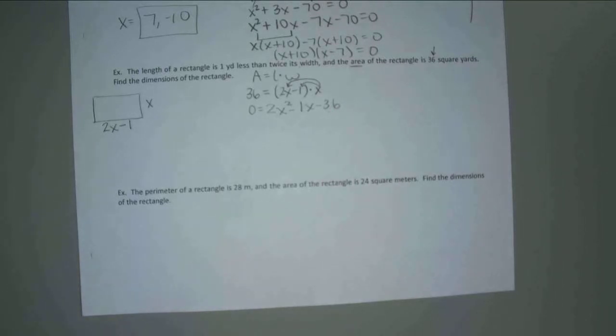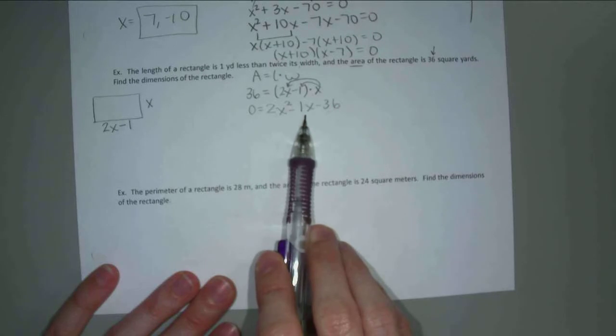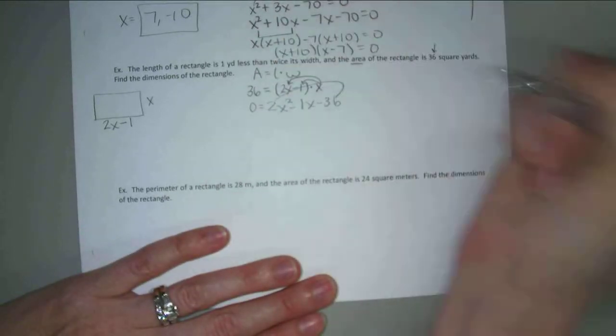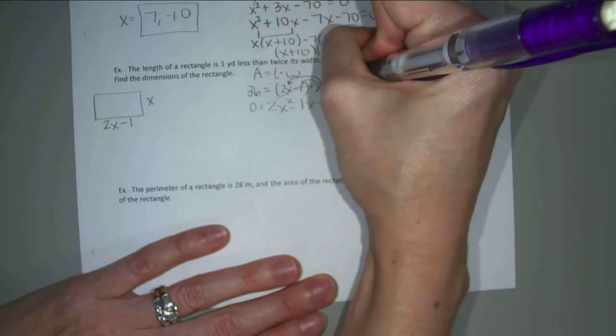What did we learn on Wednesday? That if we have a quadratic set equal to 0, as long as we can factor it, we can set each of the factors equal to 0. So the first move in factoring is to look for a GCF, but since we have that 1 in the middle, there's no GCF. So we're going to do the AC method, where 2 times negative 36 is negative 72.